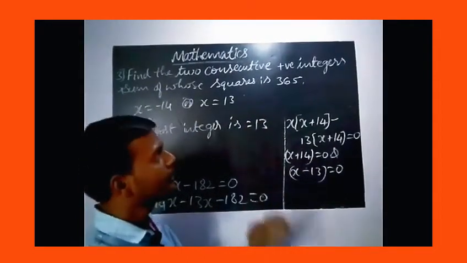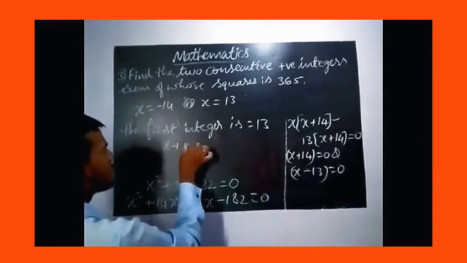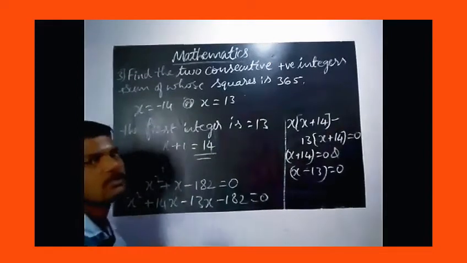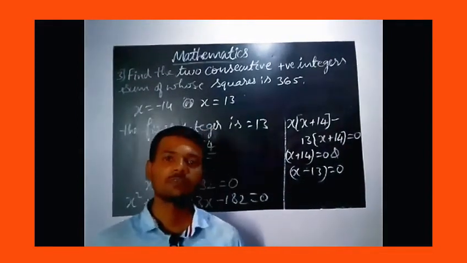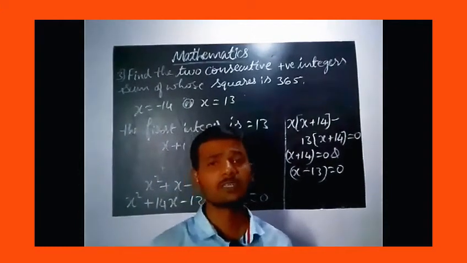And the second integer is x plus 1, which means 13 plus 1 is 14. So 13 and 14 are the two positive integers whose square sum is equal to 365.